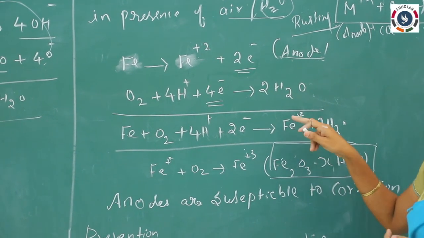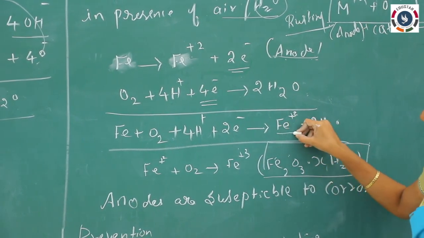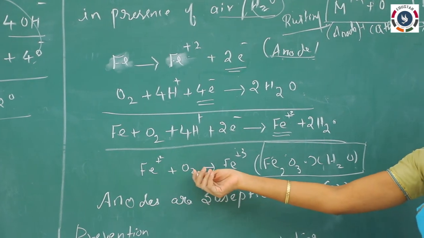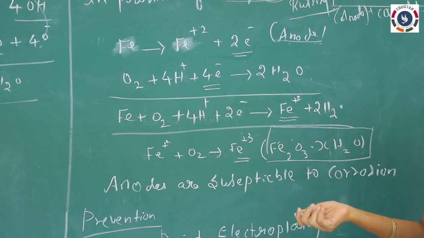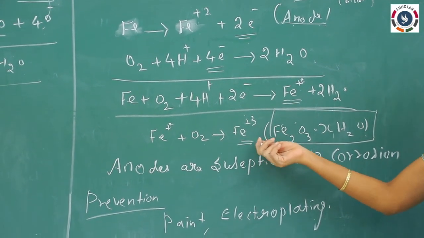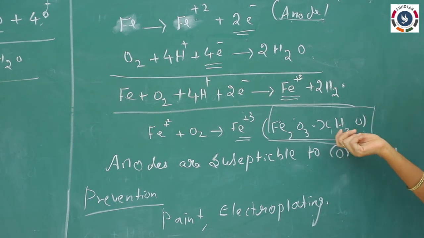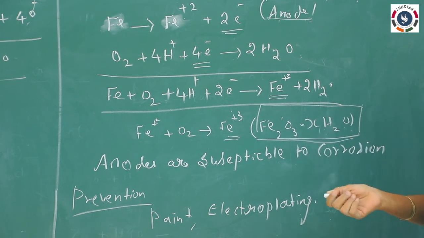The product is Fe+2 plus 2 water. This Fe+2 later reacts with the oxygen present in the air and is converted into Fe+3, that is ferric ions. These ferric ions take the form of Fe2O3, that is ferric hydroxide, with some water molecules.